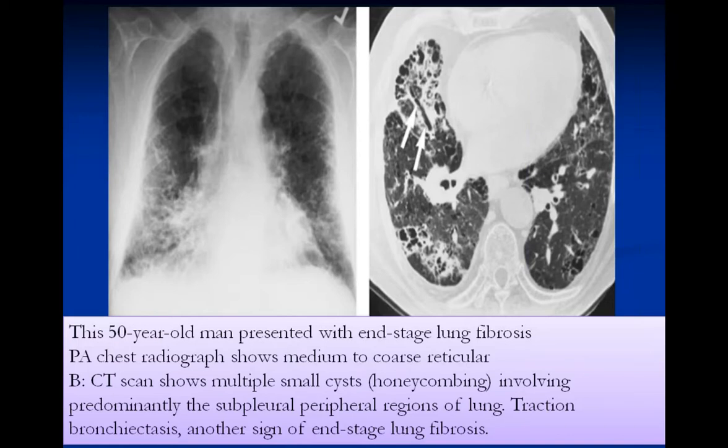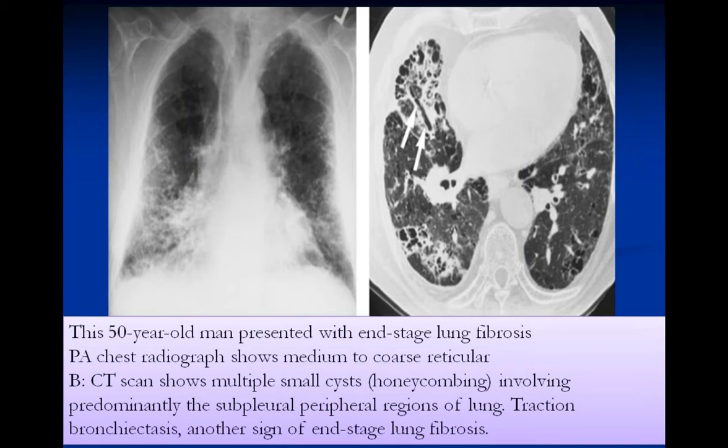Here it is showing microcystic changes that are stacked one on top of the other, predominantly present at the lung bases. The arrow marks in the CT scan are pointing to traction bronchiectasis, that is, the dilated abnormal bronchi.